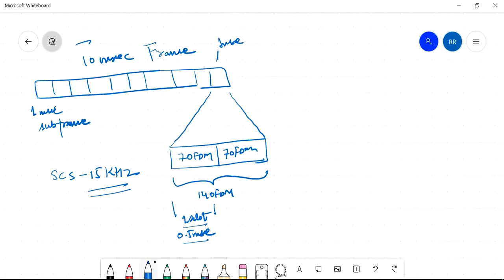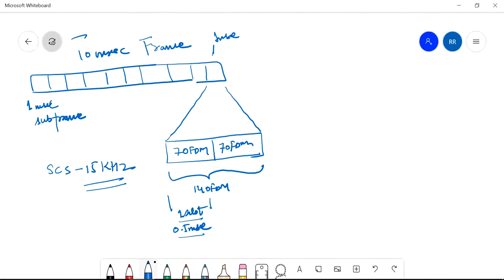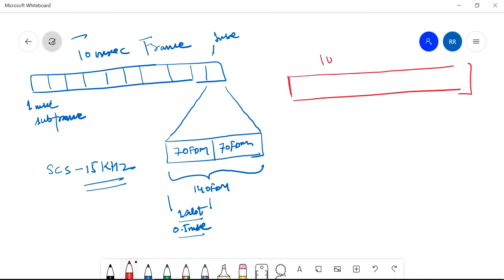Okay, so now how is it different in 5G NR? In 5G NR, I'll draw it with the red part. The frame of 10 millisecond is the same as it was in LTE.